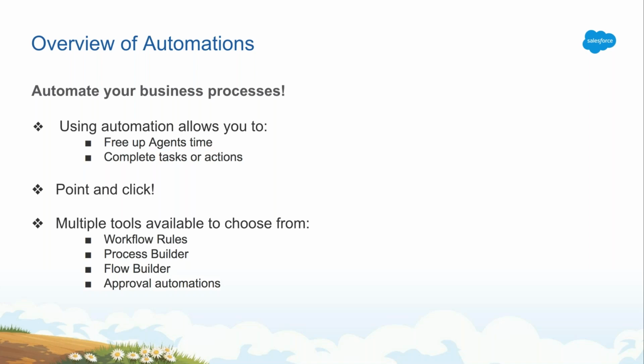Your users can spend their time on other tasks and not have to complete manual processes and redo them over and over on a case-by-case basis. The second benefit is that having an automated process gives you that trust that the process was in fact complete, because you know the rule was triggered or the process was triggered and the actions that the rule was intended to complete have been successfully done.